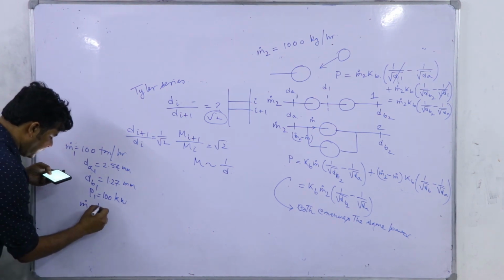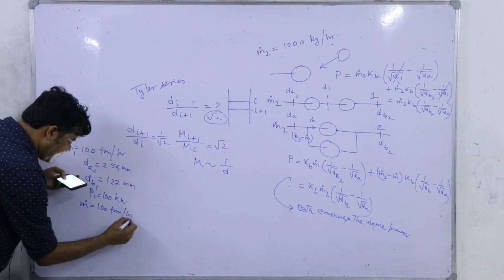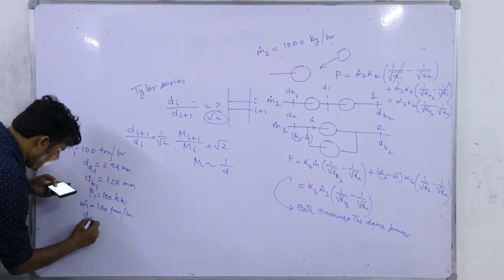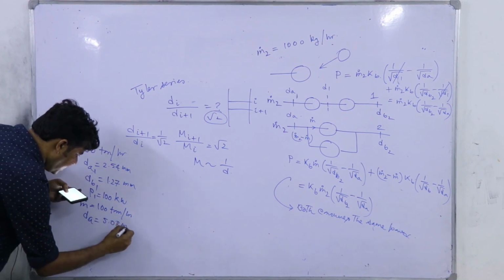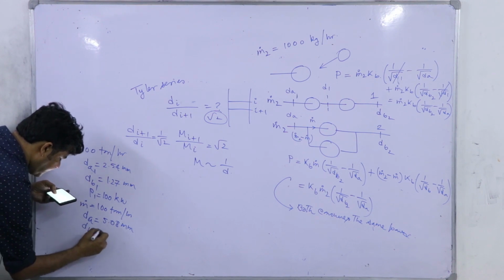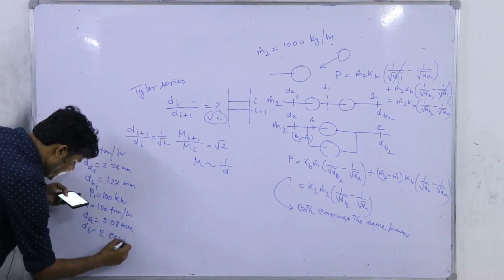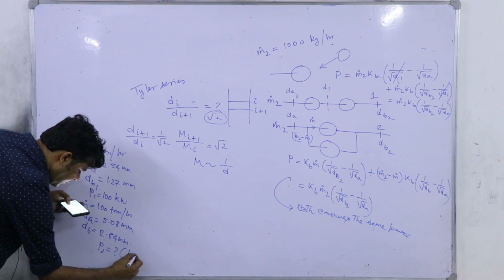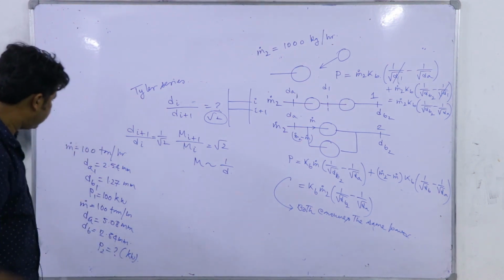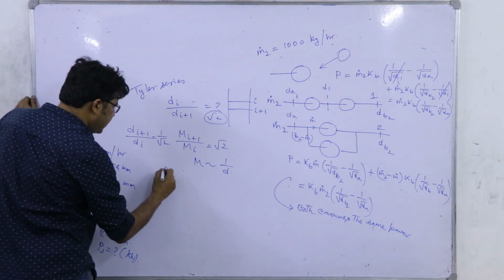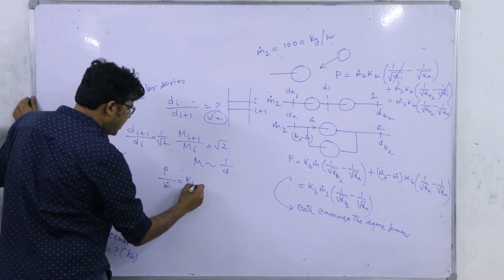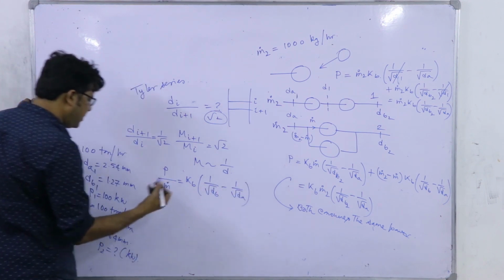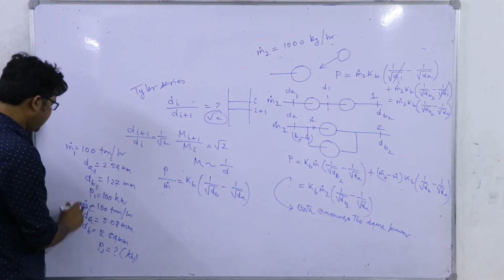If 100 tons per hour of the same material is crushed from a mesh size dA equal to 5.08 millimeter to dB 2.54 millimeter, the power consumption in kilowatt, so P2 is what in kilowatt using Bond's law. So Bond's law states that P by m dot is equal to Kb into 1 by under root dB minus 1 by under root dA. So m1 and m2 are the same.